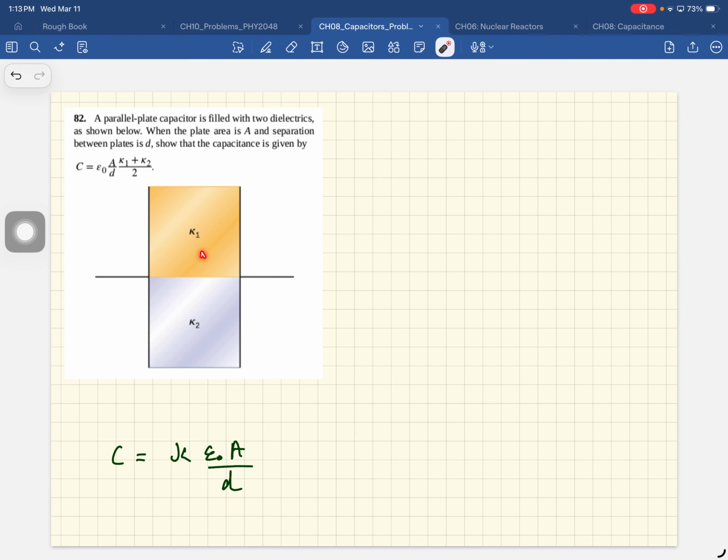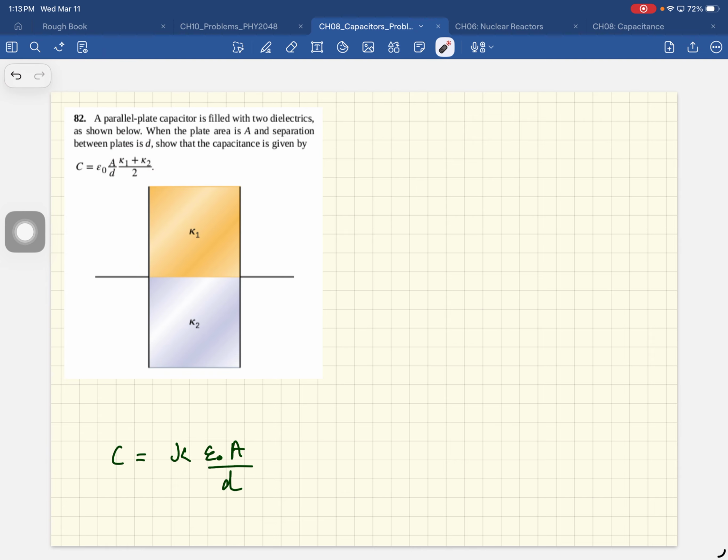So when you insert these dielectrics, it seems like the effective dielectric constant is given by that. Okay. Now the question is, how do you prove that this is equal to that?